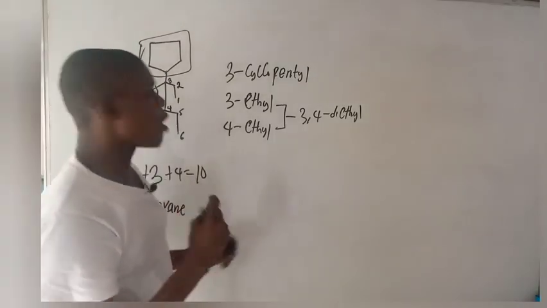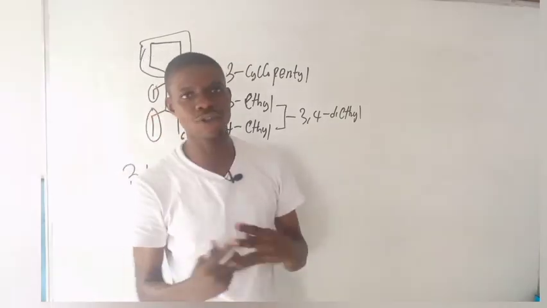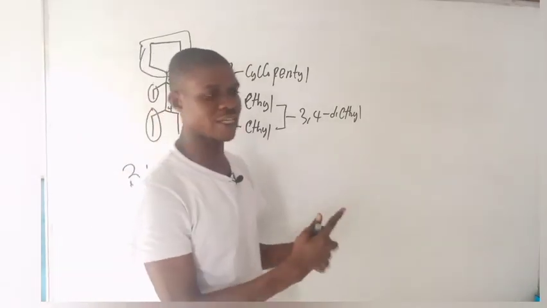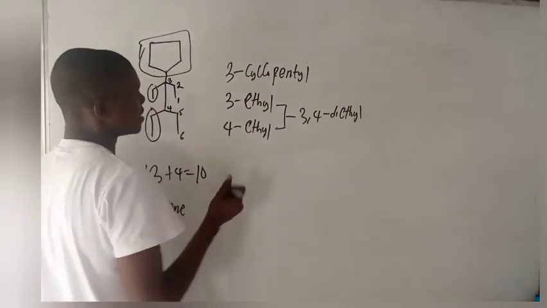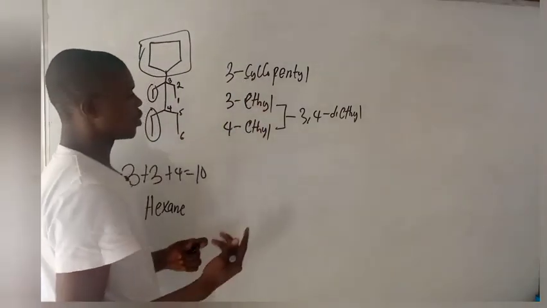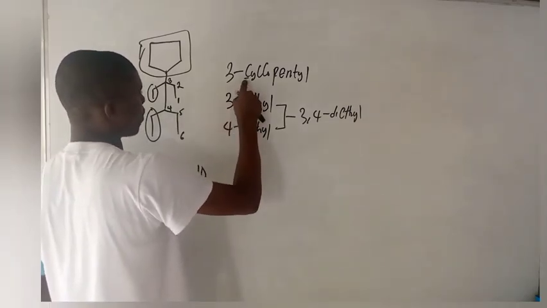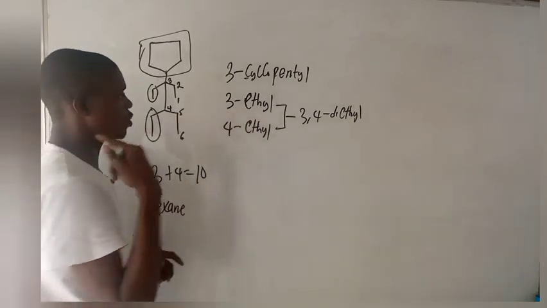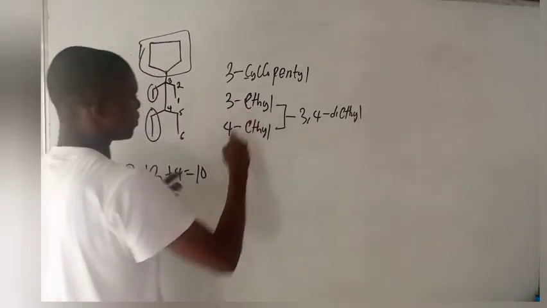Now, from the nomenclature of alkanes we have done, if you have not watched that video, please check that video after this video. Now, for the nomenclature of alkanes, the prefix cyclic is not ignored in alphabetical order, right? So C will come before E in alphabetical order. Do you get that? C will come before E in alphabetical order.